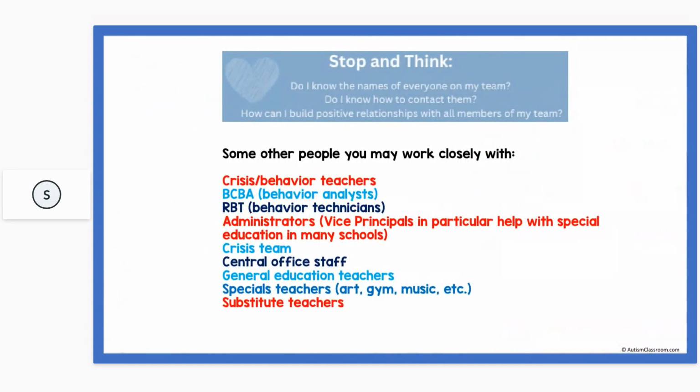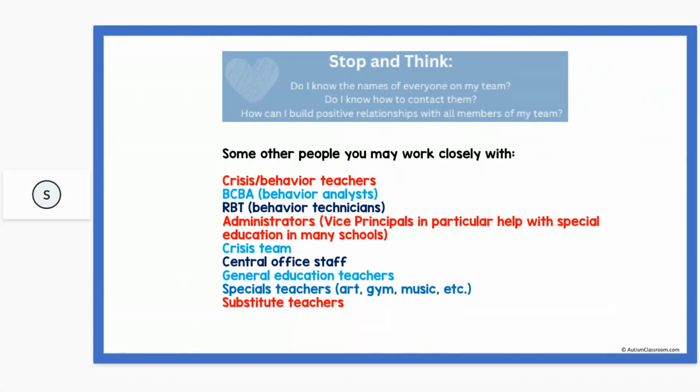And so for us, the classrooms that I work with a lot when I'm doing consulting, they have a lot more people than I just named. They have crisis teachers, behavior teachers, board certified behavior analysts, RBTs, which are registered behavior technicians. The administration comes into their classes a lot to help.